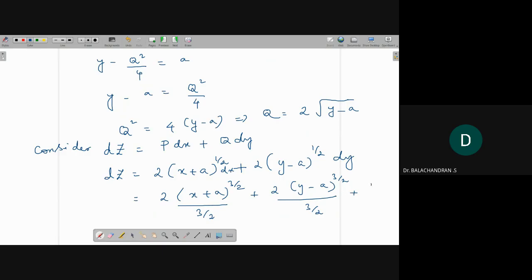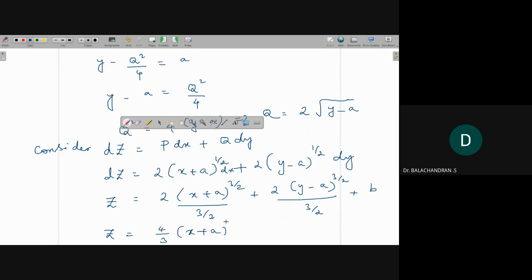Some constant I will take b. So now Z equal to 4 by 3 into x plus a whole power 3 by 2 plus 4 by 3 into y minus a whole power 3 by 2 plus b.